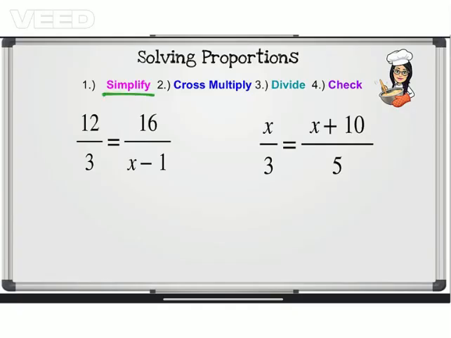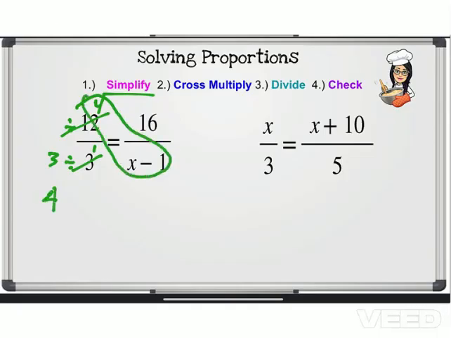Again, the first step is to simplify, dividing both 12 and 3 by the greatest common factor, which is 3. 3 divided by 3, 1. 12 divided by 3, 4. Now I have this algebraic problem, which is 4 times x minus 1 equals 16.